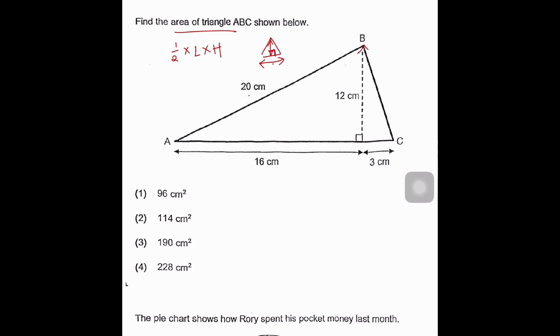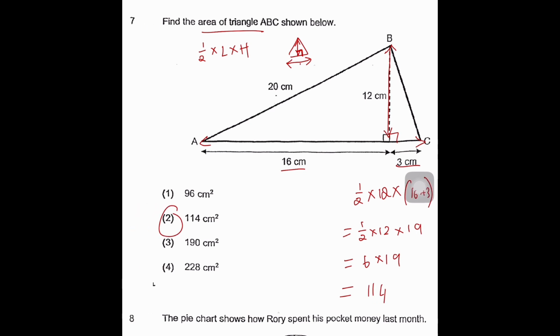In this scenario, this would be your height and this would be your length because they're perpendicular to each other. So it would be half times height, which is 12 cm, times length, which is 16 plus 3. So 16 plus 3 gives you half times 12 times 19, which is 6 times 19. You can use a calculator to find the answer, which is 114. So the answer is 2.